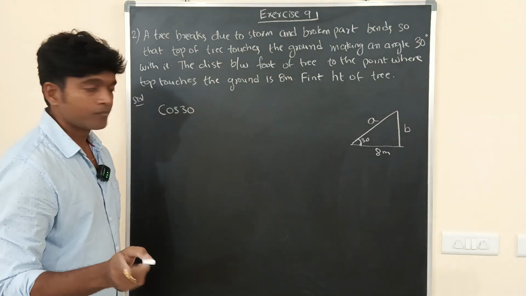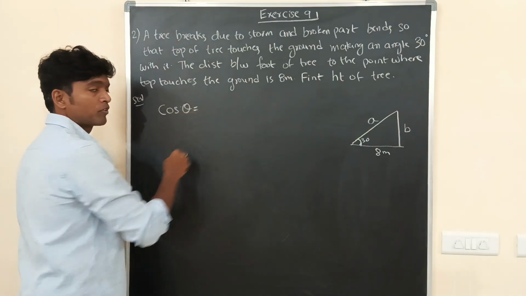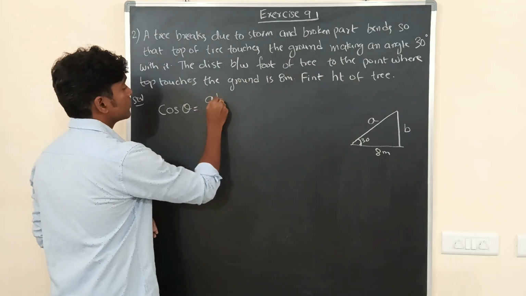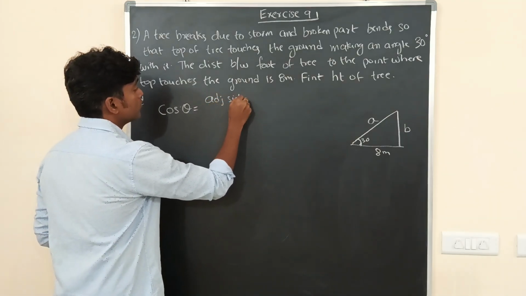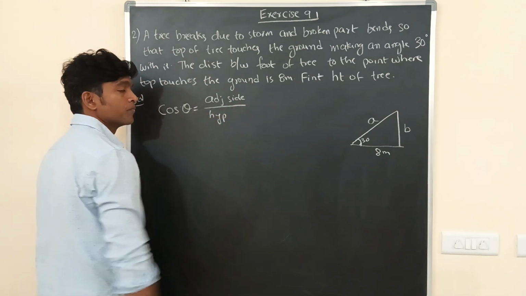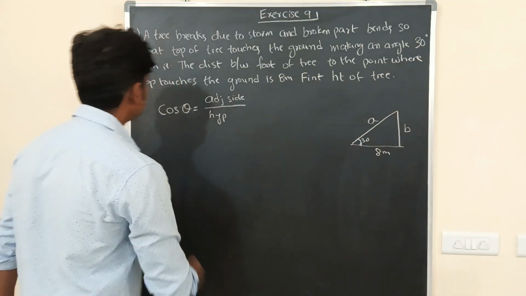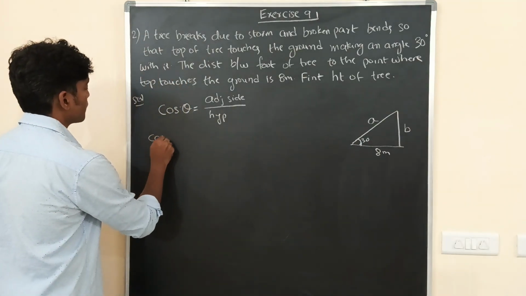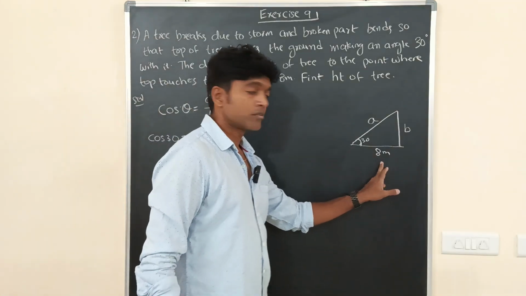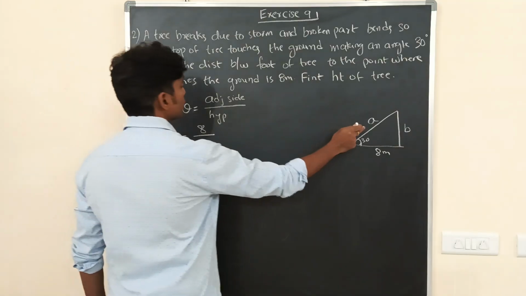Let us consider cos theta. First of all write the formula. Cos theta is equal to adjacent side divided by hypotenuse. Here the angle is 30, cos 30. Adjacent side is 8 meters. So 8 divided by hypotenuse A.